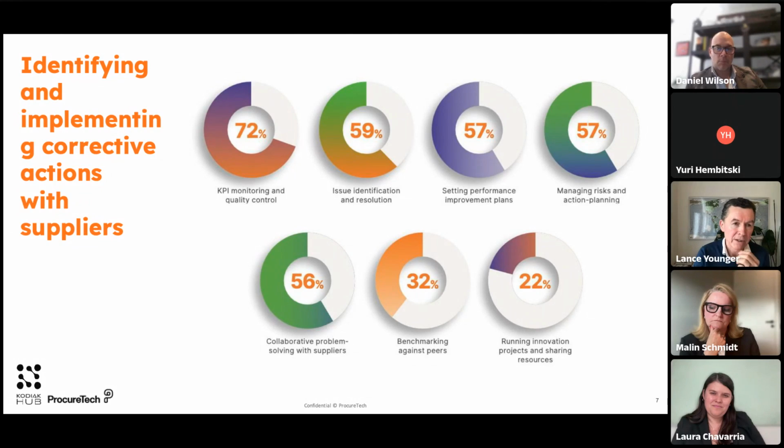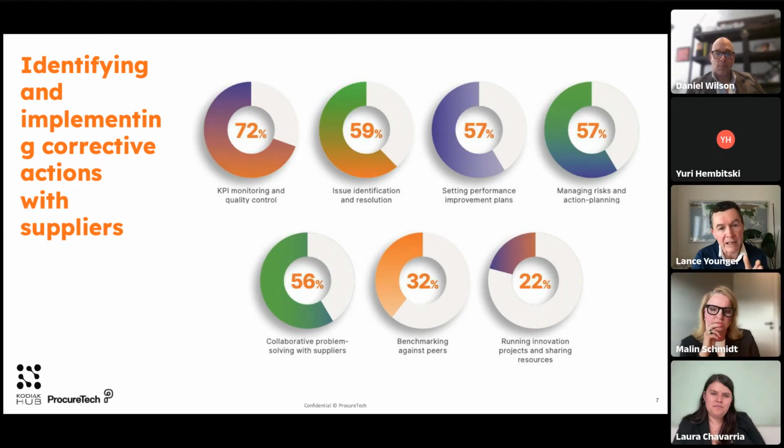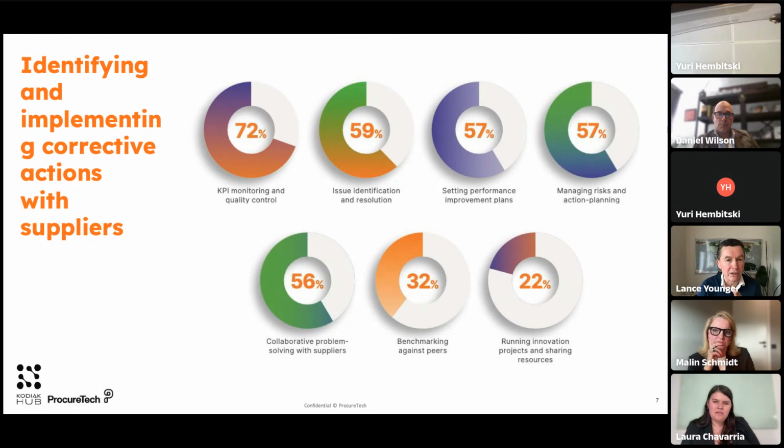Most organizations are working on KPIs, measuring and monitoring, the classic reporting side of things. There is an opportunity for more organizations to do more when it comes to collaborative problem solving using data, and then taking it a stage further, looking at innovation and what you do when you're driving innovation and beyond that as well.